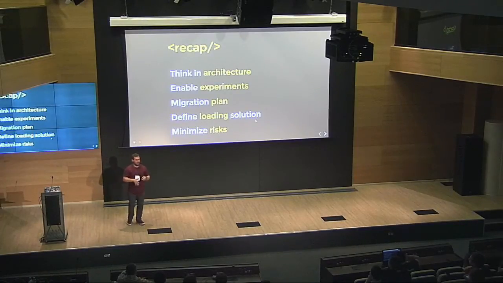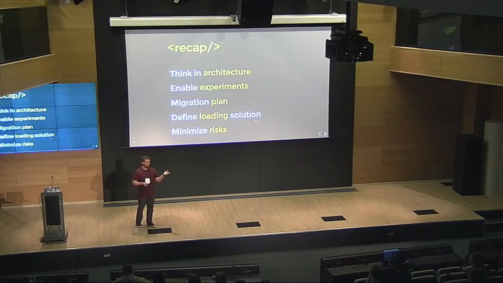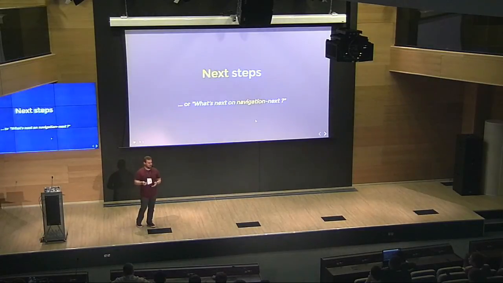Migration plans, risk management, what happens if something goes really wrong, which unfortunately can happen. Define the load solution when we talk about front end specifically. You want to go with client side, server side, a kind of both to make your app faster, up to the team. And yeah, again, minimize all the risks.